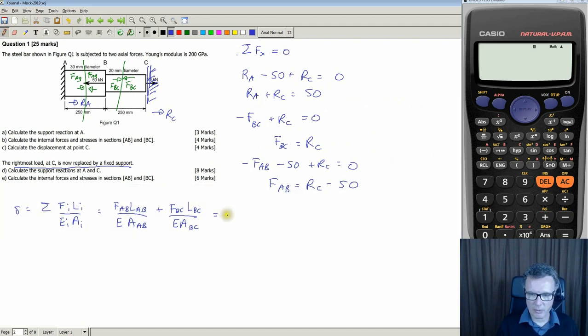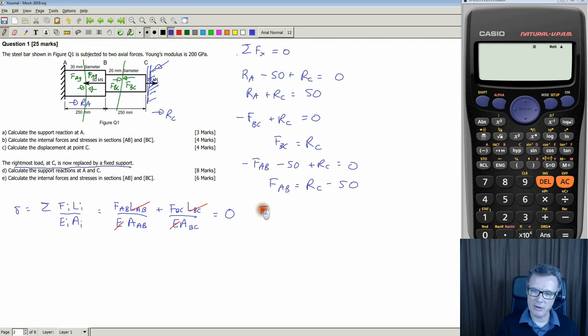But this time we know that the overall movement of that particular point is 0. It hasn't moved. E and E are the same, so they can cancel. L, this section and this section are the same, so they can cancel.